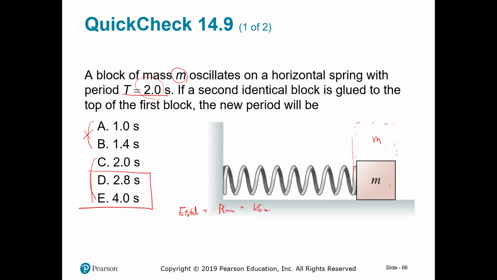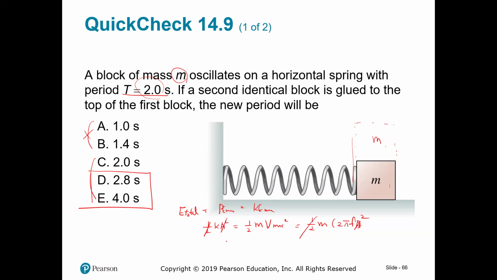Kinetic energy max. So maximum potential energy is 1/2 times k A squared. Maximum kinetic energy is 1/2 times m v max squared, where v max is what? 2 pi f A. So you cancel 1/2 and 1/2, you cancel A squared.